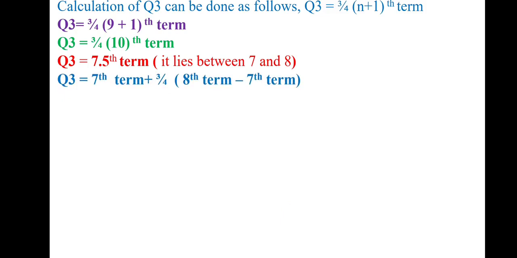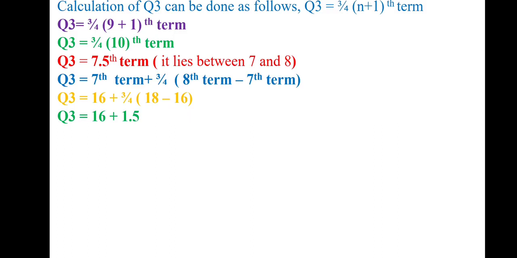So the 7th term plus 3/4 of the 8th term minus the 7th term, where the 7th term is 16, arranging in ascending order, counting the values. The 8th term is 18 and the 7th term is 16.